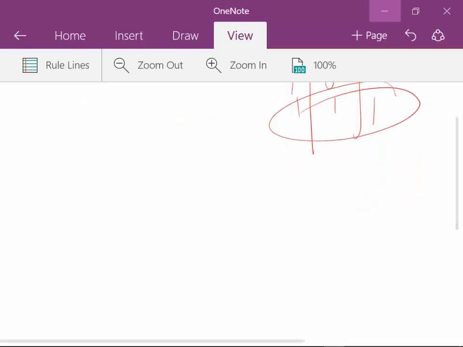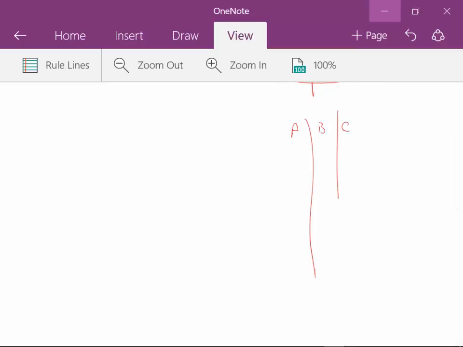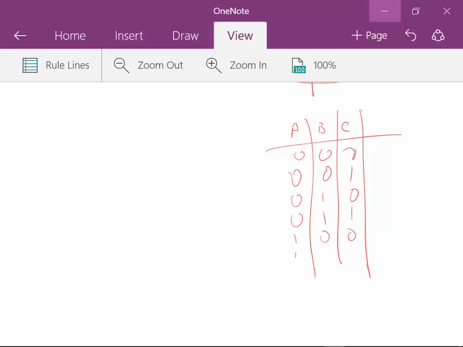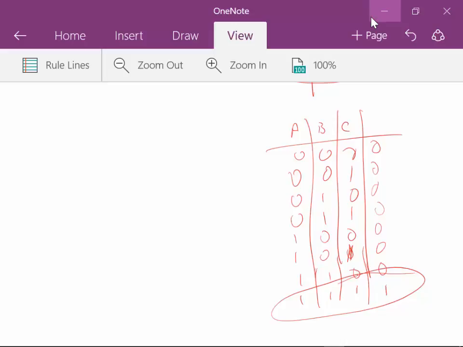I can have a three-input AND gate: A, B, C. Again, the output is high only when all inputs are high. That is the AND gate.